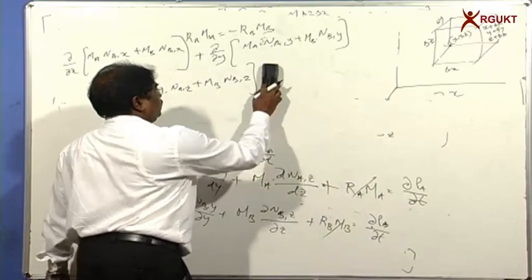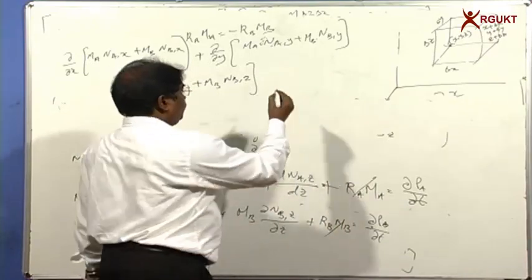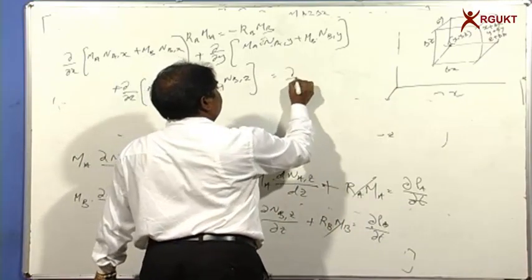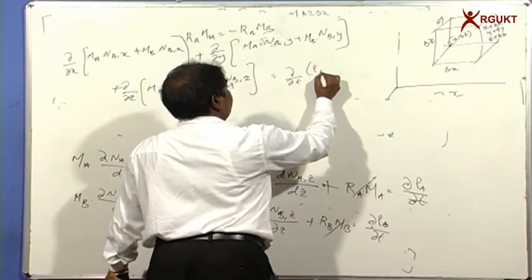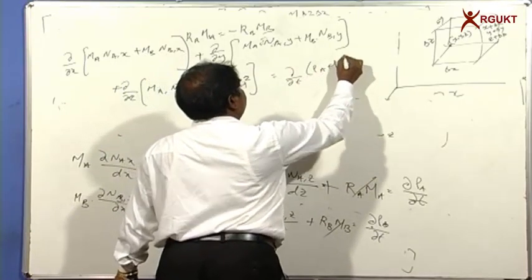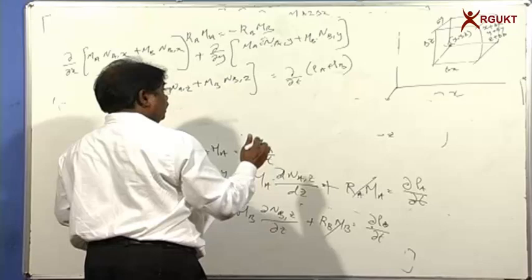Then we are going to have dou by dou t of rho A plus rho B, that is nothing but dou rho.